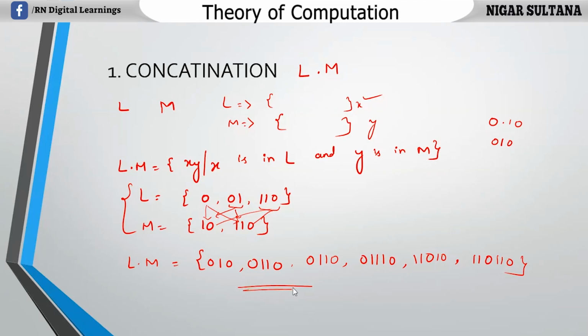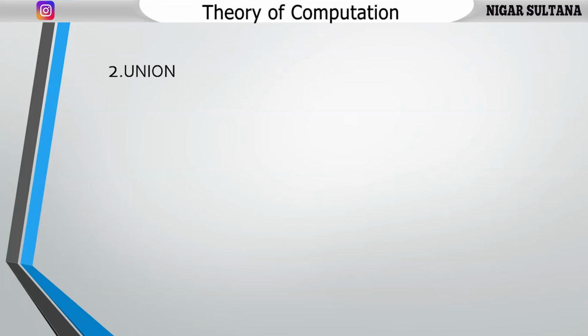Now let's see another operation, union. Here also let's take two languages, L and M. This is denoted by L union M. So this is the denotation of union. How can you define this union?